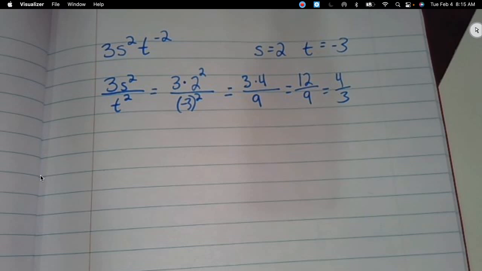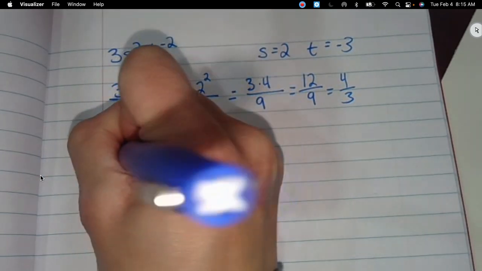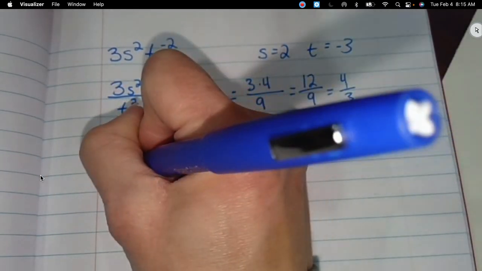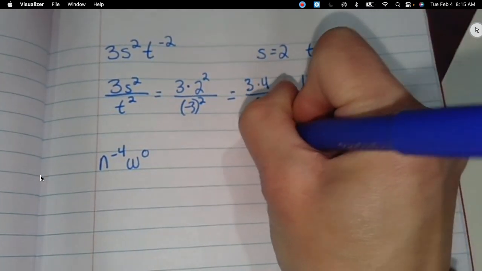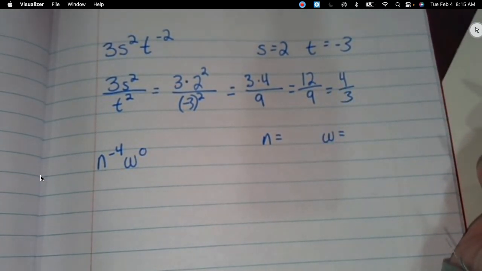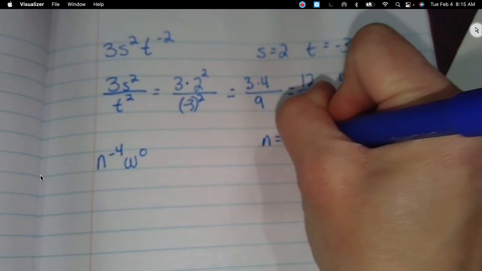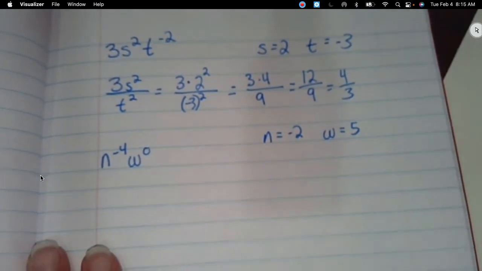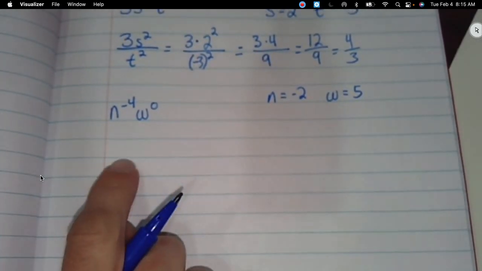All right. It says, okay, n to the -4, this one's not as bad, w to the 0, and they're going to tell us for all these next few problems I'm going to do, n is -2 and w is 5. What would I do first on this one?